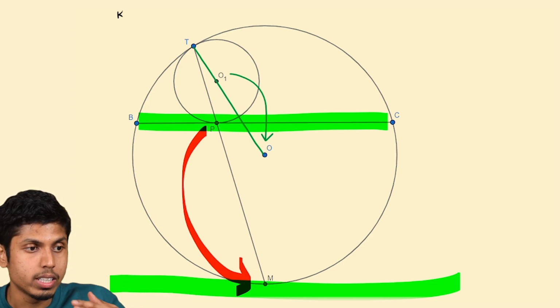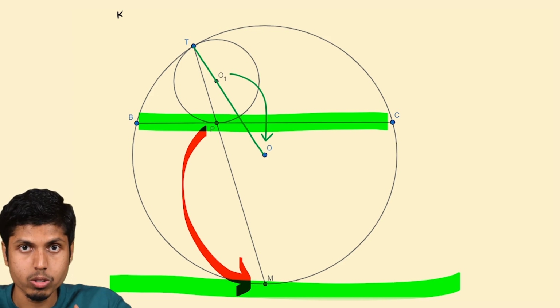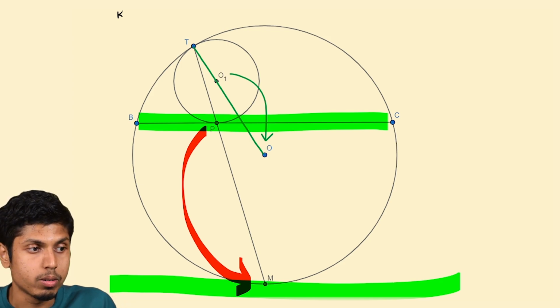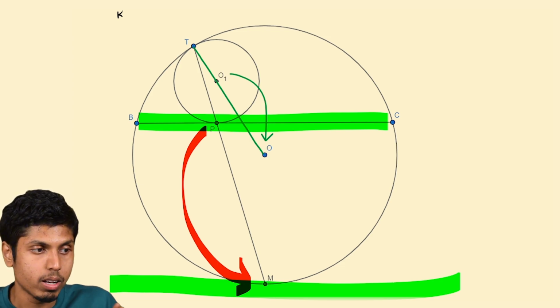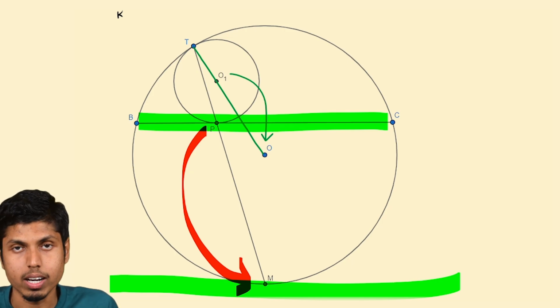So you cannot tilt the tangents with respect to the line TP. Thus it will be parallel, making M again the midpoint of arc BC.